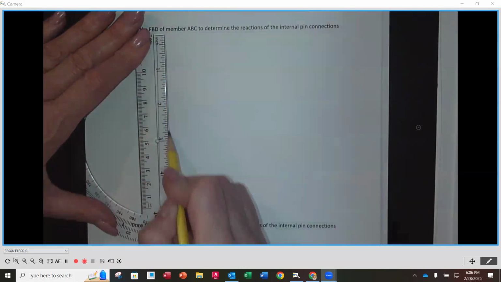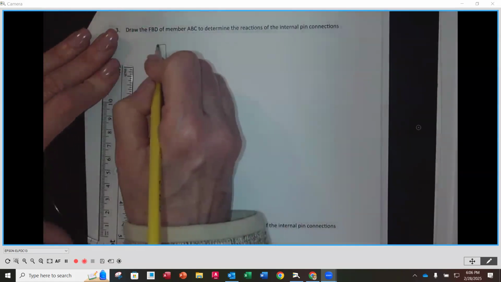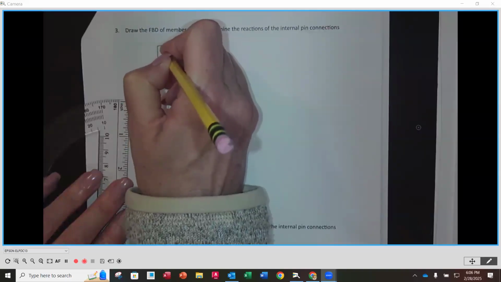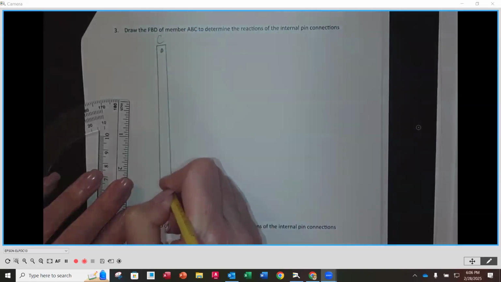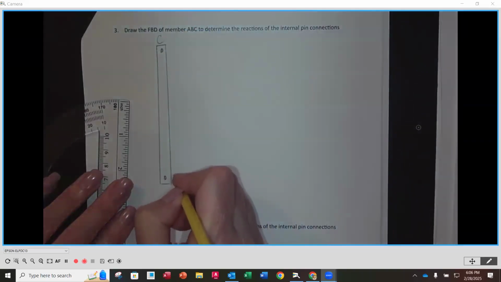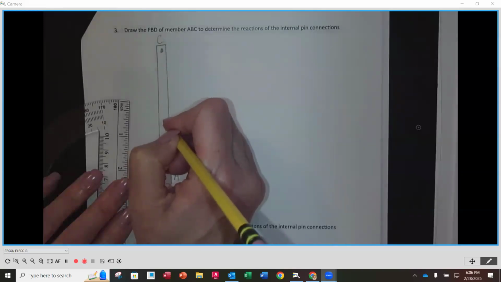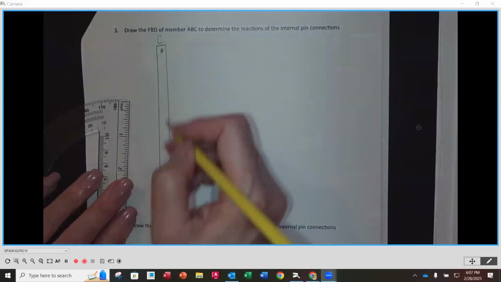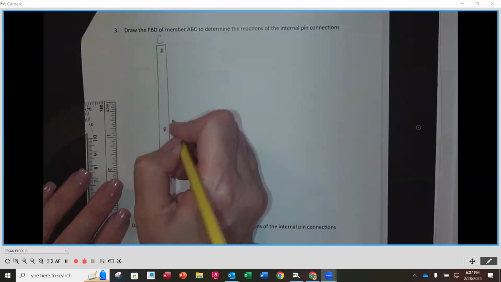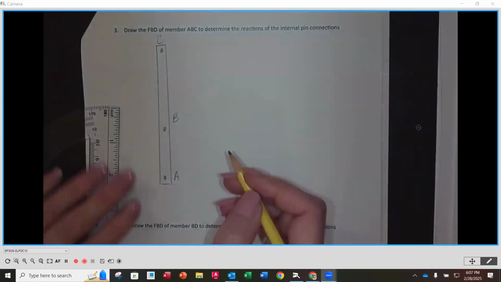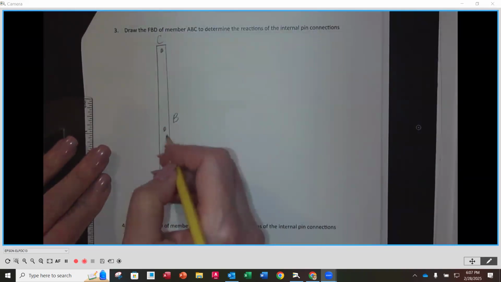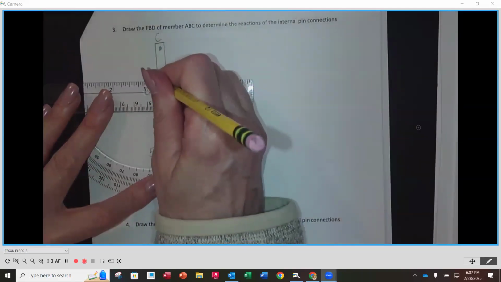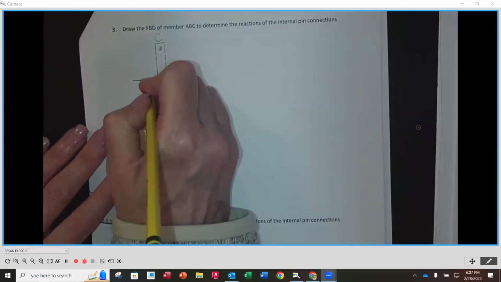And again, I'm going to add the thickness here just because it's a frame member, so we can see it's a continuous member. So up here is going to be C. Down here is going to be A. And then right about, wait, no, 4, 8 actually down, right about there is going to be our B. We know the distance between A and E is 5 feet, but we also have to add our external force, 1,000 pounds.